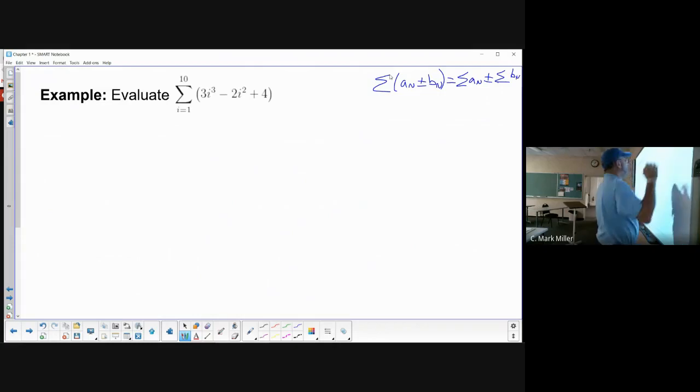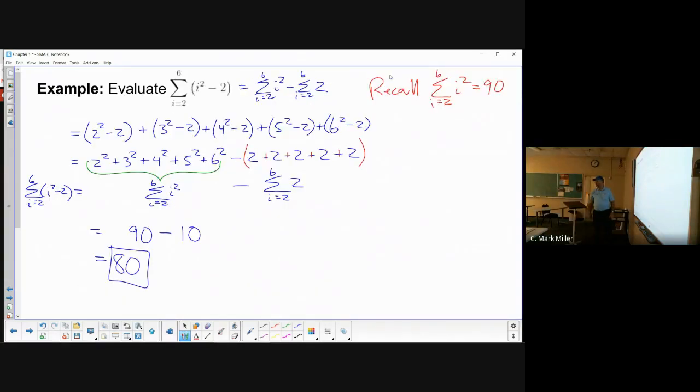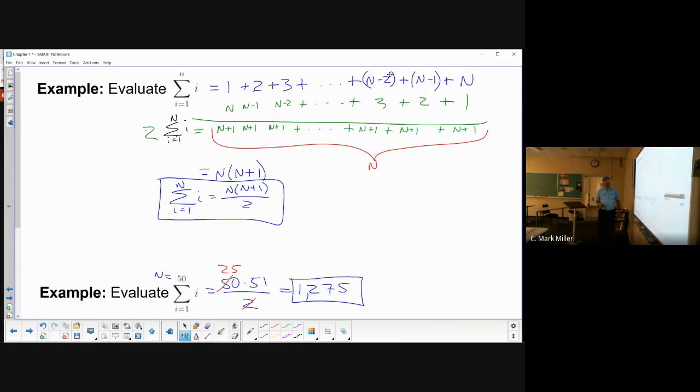We saw that property last time. We demonstrated it in this example here, that this difference up top was the difference of the sums. Went through that last time.